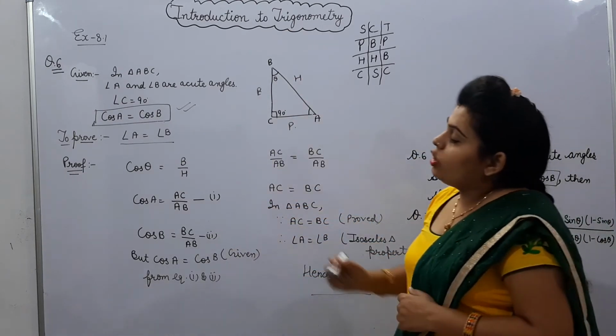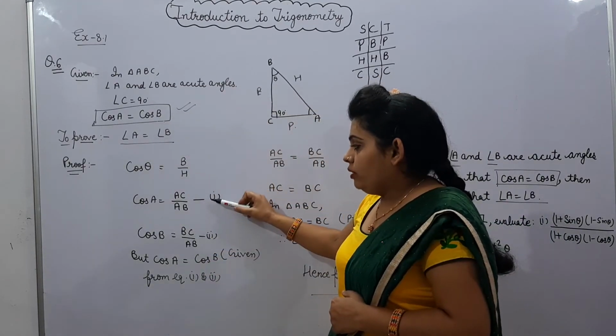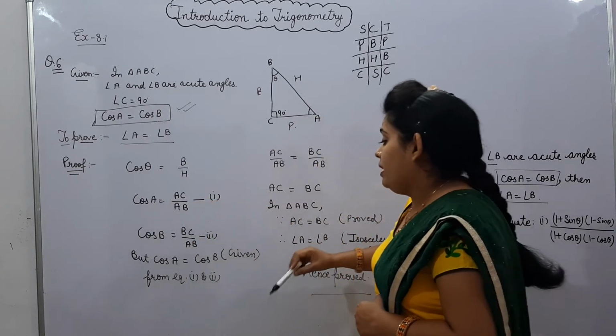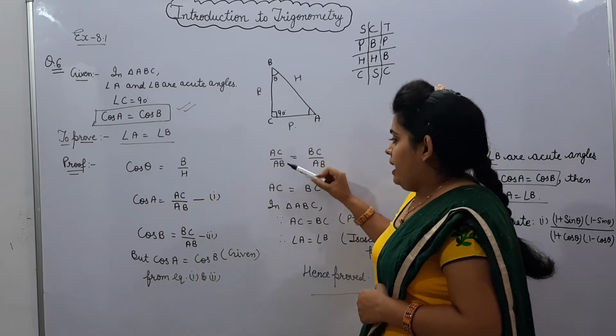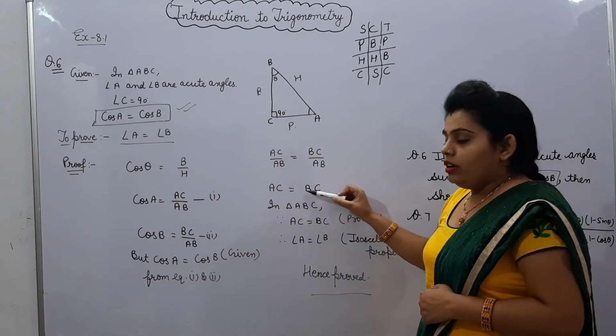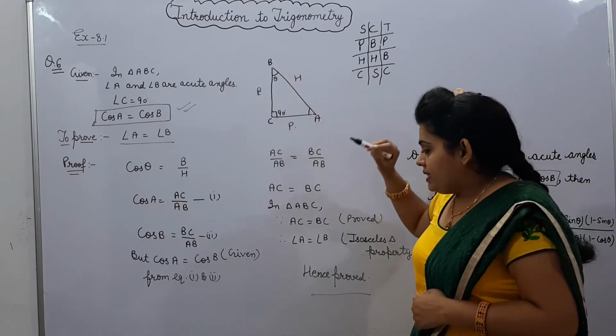And we know that cos A is equal to cos B, then we can compare the values from the first and second equations. Cos A is AC by AB and cos B is BC by AB. So AC is equal to BC. Now come to this triangle ABC.